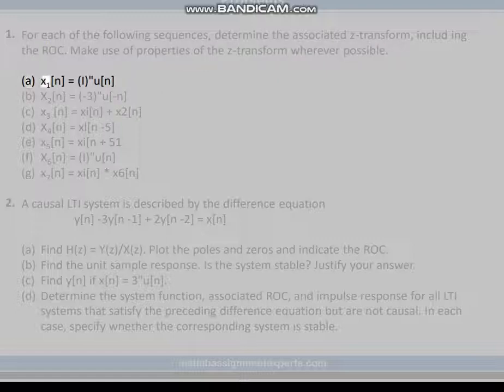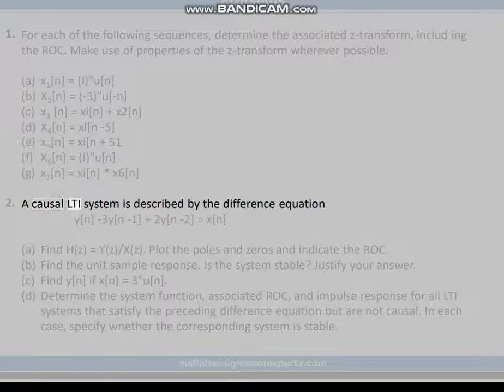A. x1[n] equals u[n]. B. x2[n] equals -3u[n]. C. x3[n] equals δ[n] plus x2[n]. D. x4[n] equals x1[n] minus 5. E. x5[n] equals δ[n] plus 5. F. x6[n] equals u[n]. G. x7[n] equals δ[n] asterisk x6[n].